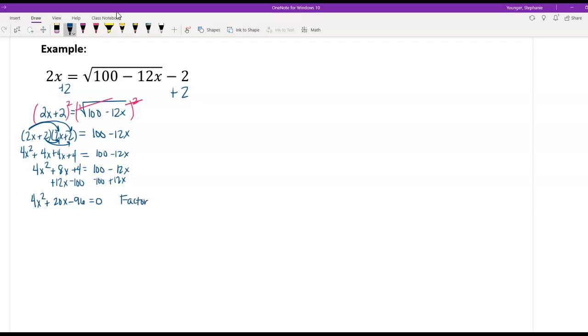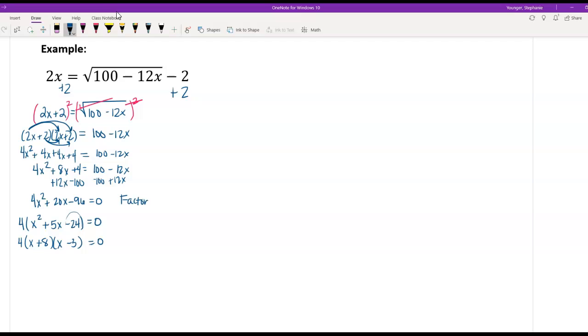This is where we need to factor. First thing I notice is that we have a GCF of 4, so I'm going to pull out that 4. I'm left with x squared plus 5x minus 24 equals 0. This is a trinomial with a leading coefficient of 1, so I need to find the factors of negative 24 that will add up to a positive 5. So that's x plus 8, x minus 3.